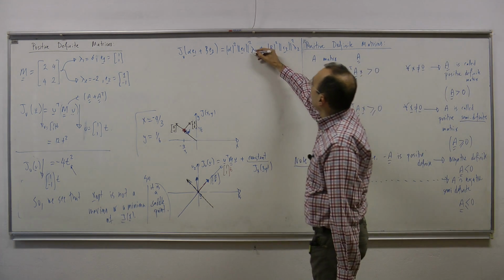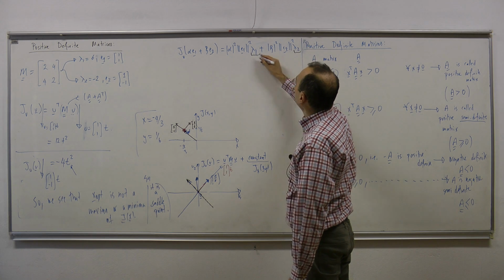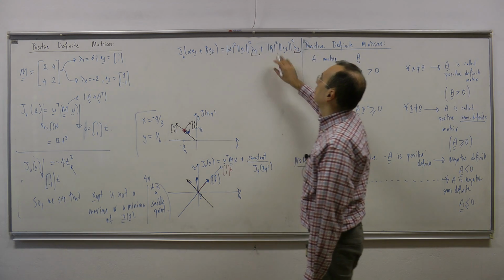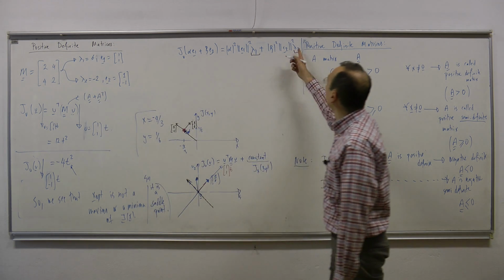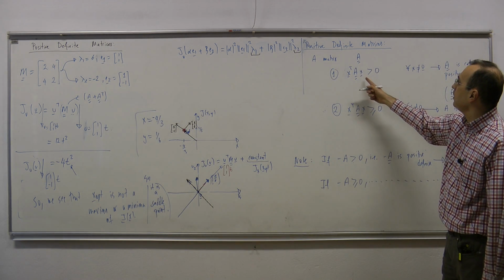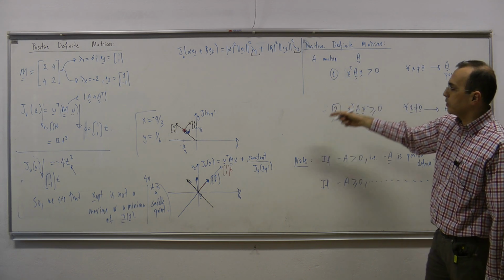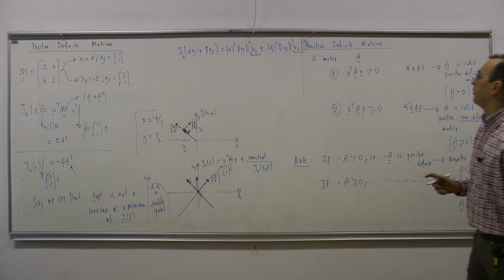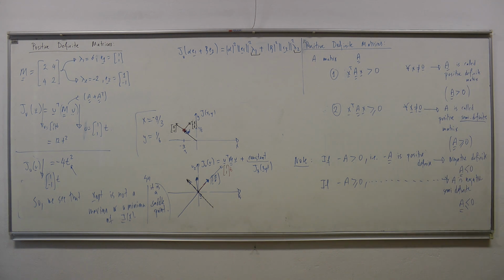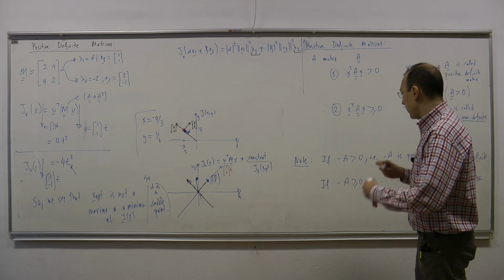So clearly, if these eigenvalues are positive, this will be always positive. But in our case, one of the eigenvalues was negative. So we run into trouble, and we have seen that if I go in that direction, this equality is not satisfied. Okay. So let me write this.